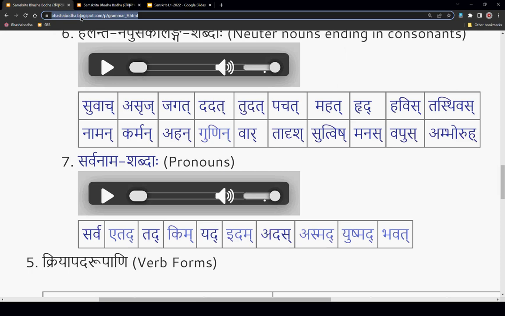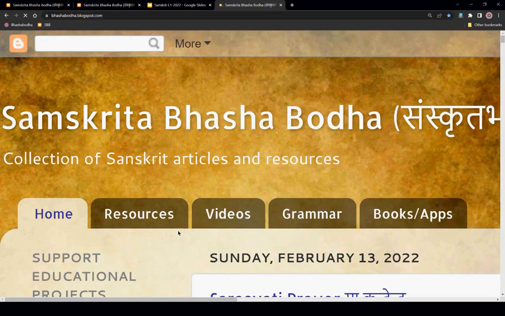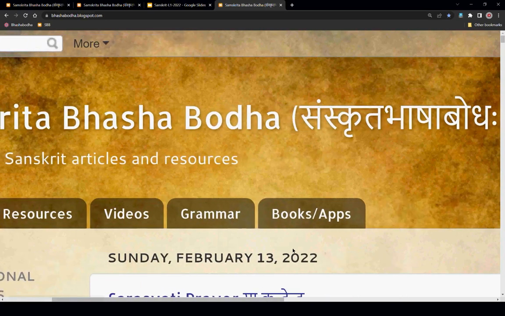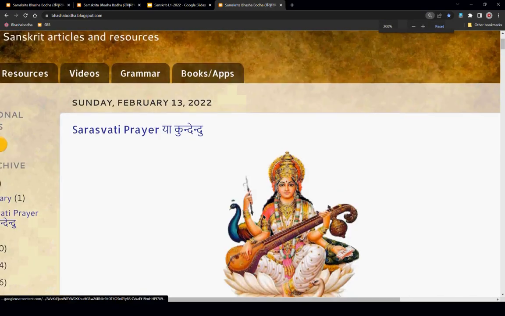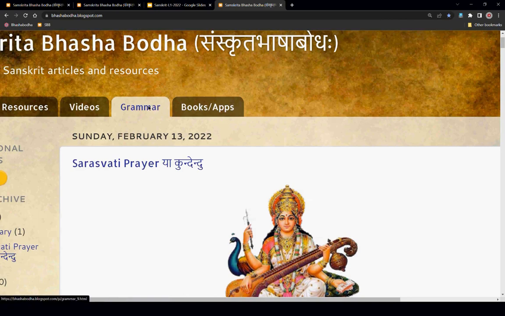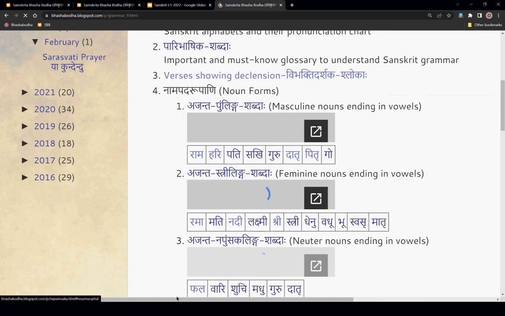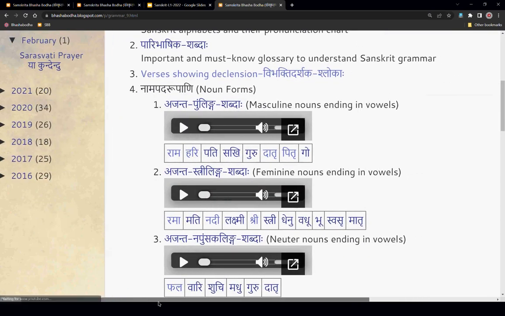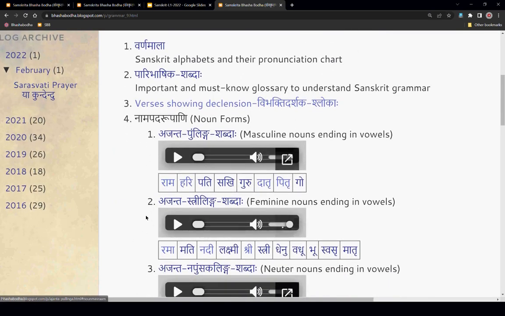Bhasha Bodha, I'll write it down, .blogspot.com. If you go there, it will look like this. This is the home page. On that page, at the top you will see the grammar tab. If you go to the grammar tab, you will come to this page. Is it a free download? Yeah, the website is free. All these are free.